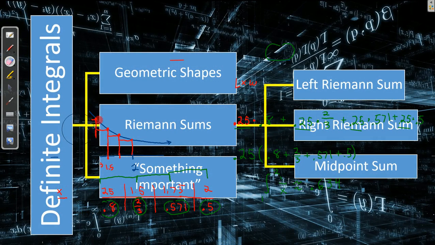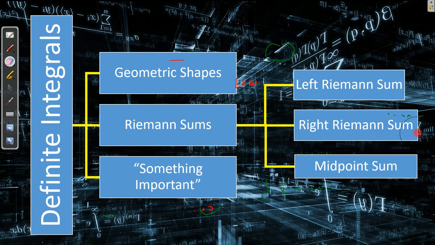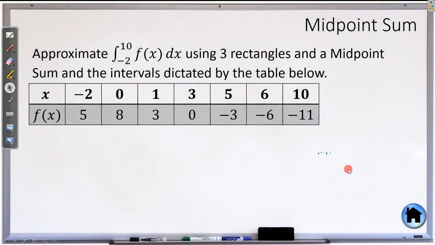We did left sums, we did right sums. Now it's time to take a look at the midpoint. Same idea, we're still going to be using rectangles, only instead of using the left or the right hand corner, we are going to be using the middle of the rectangle.